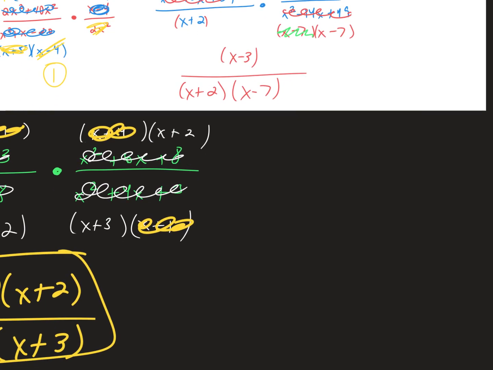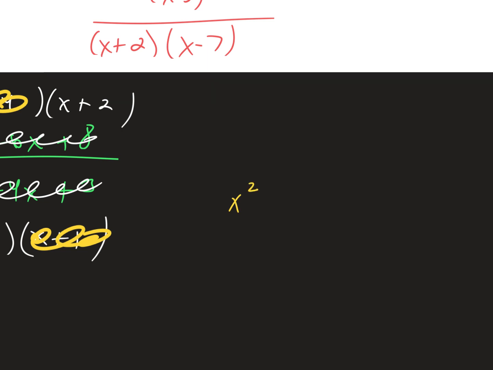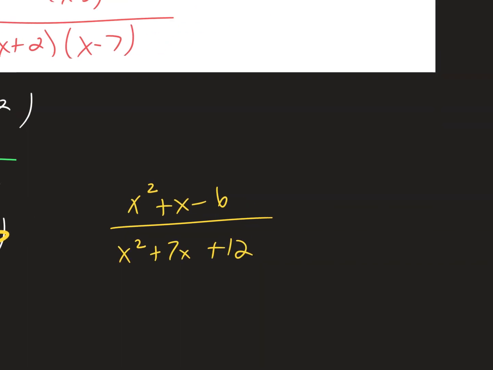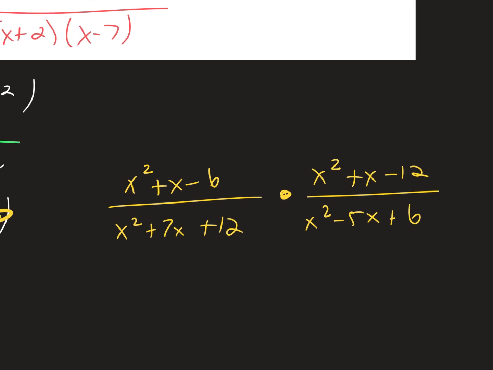Let's do the last one. All right, number 16. X squared plus x minus 6 over x squared plus 7x plus 12. I'm going to go ahead and keep, change, flip. So times, and then when I flip, x squared plus x minus 12 over x squared minus 5x plus 6, yeah?